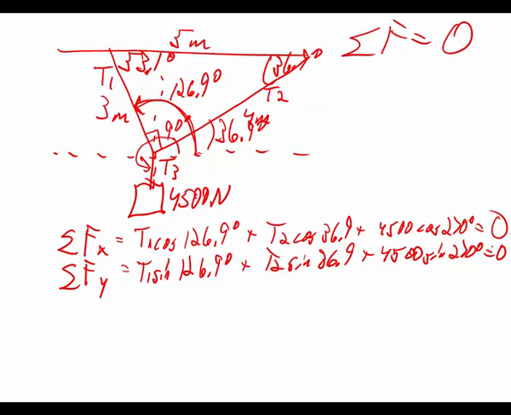Okay. All right, well, the first thing we need to do before we do any substitution or anything, let's do this. Let's work out all our forces. Let's work out the numbers. So let's create our chart. So T1 cosine of 126 is going to be what?